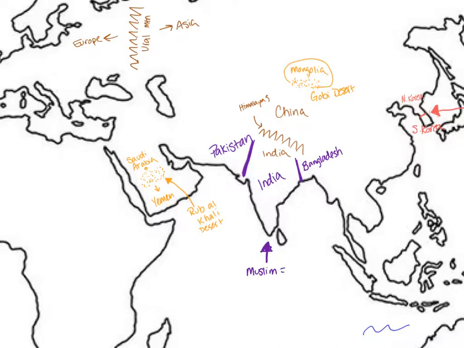Okay, I'm going to put Muslims are in P and B. Okay, so Muslims are in Pakistan and Bangladesh, and the Hindus are in India. Okay, so they kind of fought over this war.